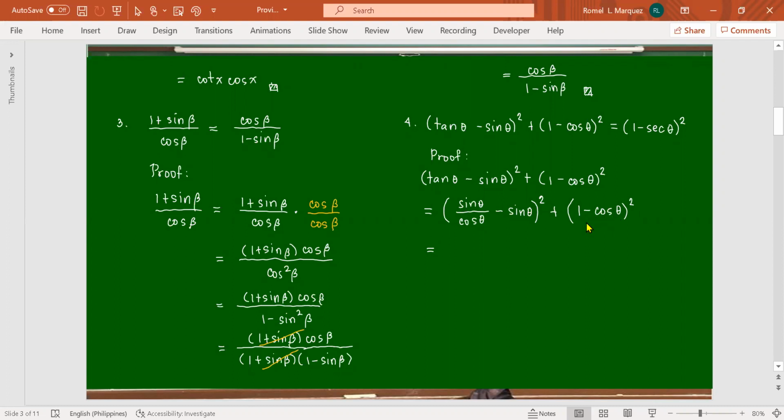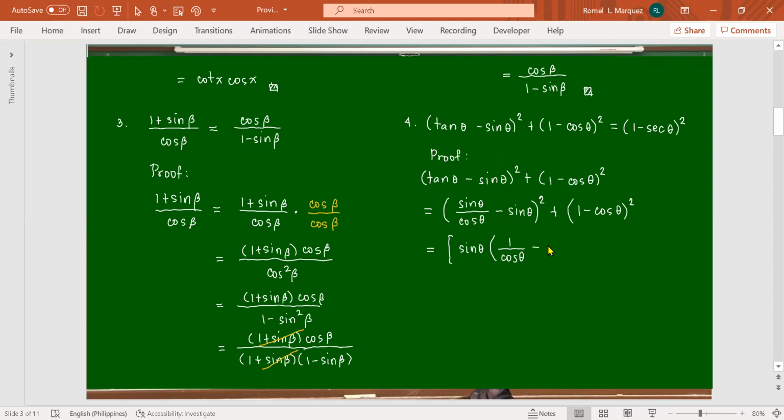This involves cosine, and there is a quantity here involving cosine also. So let's isolate 1 over cosine from sine theta. How can we do that? We factor out sine theta inside. If we factor that out, I will get sine theta multiplied by, what is the remaining in the first term inside? 1 over cosine theta.